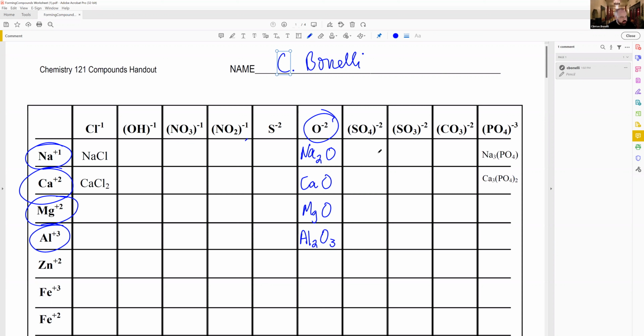Sulfur and oxygen married each other and formed a radical. If you want to know what the radical is called, I'm not going to tell you right now. You can go to your element handout from the first week that says "ates are higher than ites." So I know that it's going to be a suffix of "ate." And if you're curious, you can look up what the prefix is.